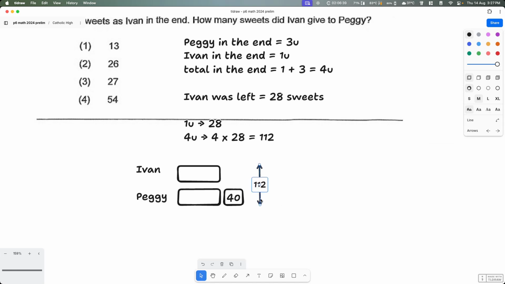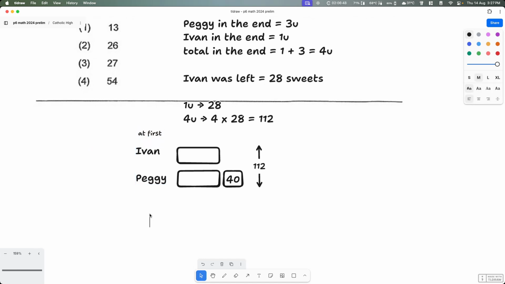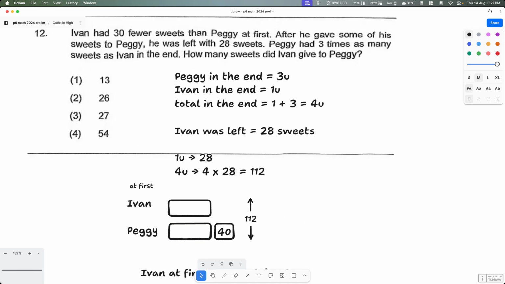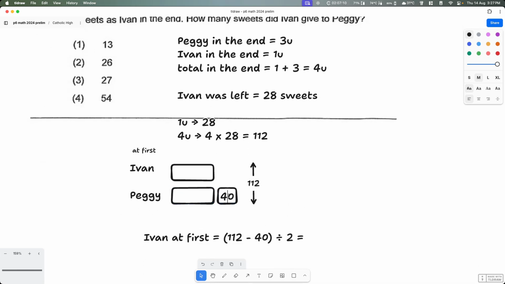So this is at first. At first, this is what it looks like. So that means Ivan at first is equal to 112 minus 40, and then we divide by 2. Okay, so 112 minus 40. Is it 40 or 30? Sorry, it should be 30.